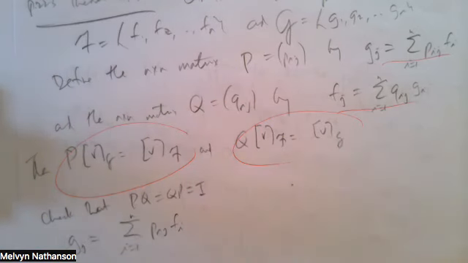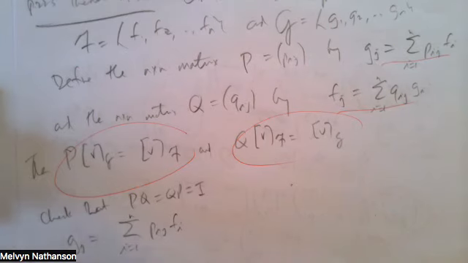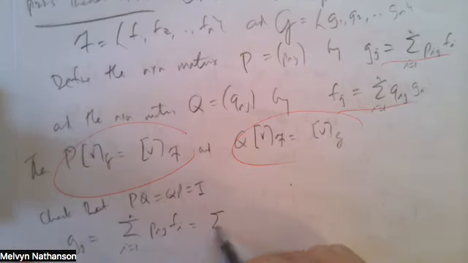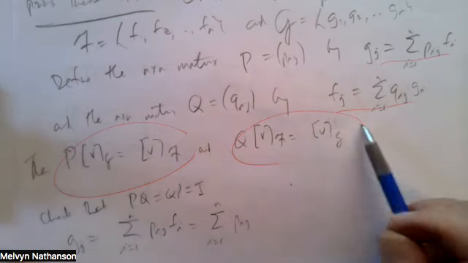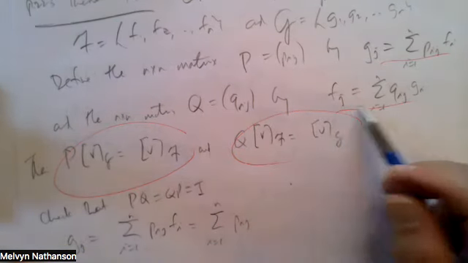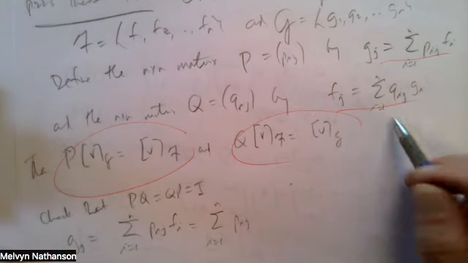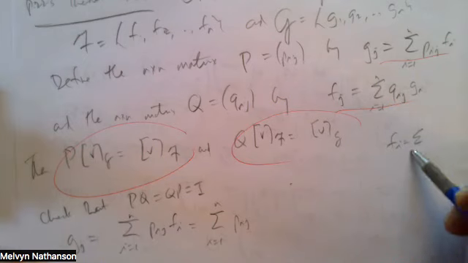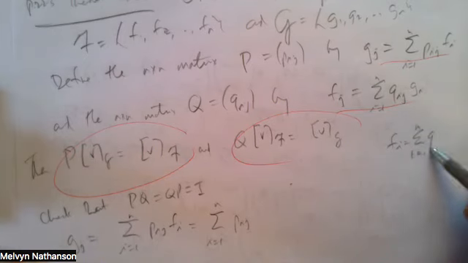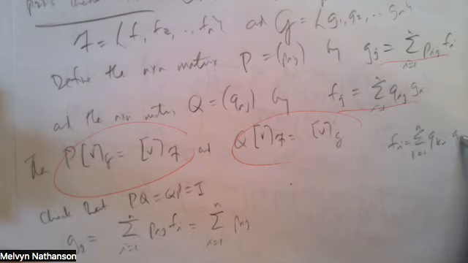But this is the summation, i goes from 1 up to n, Pij, let's see if I can write this, changing the notation slightly. So F sub i is the summation, k goes from 1 up to n, Qki G sub k, right? This is just, so I can plug that in here.